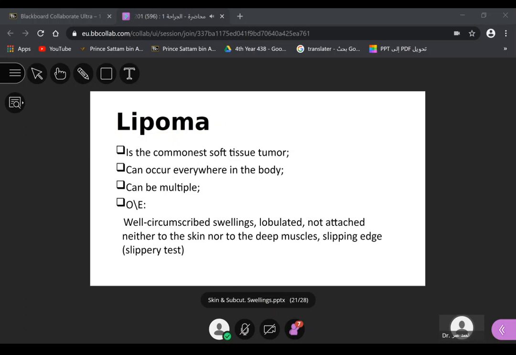So these are the main characteristic features of lipoma which you can get by examination. It's well circumscribed. It feels lobulated, with multiple septi on the surface. It is attached neither to the skin nor to the deep structures, and the edge of these lipomas is usually slipping.